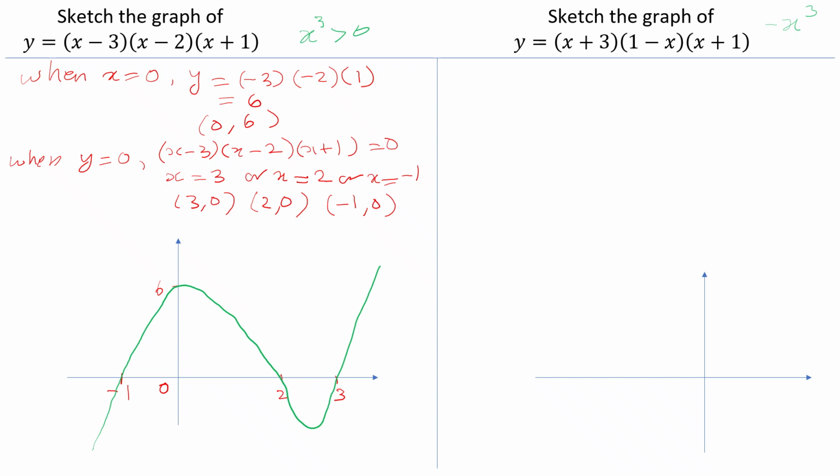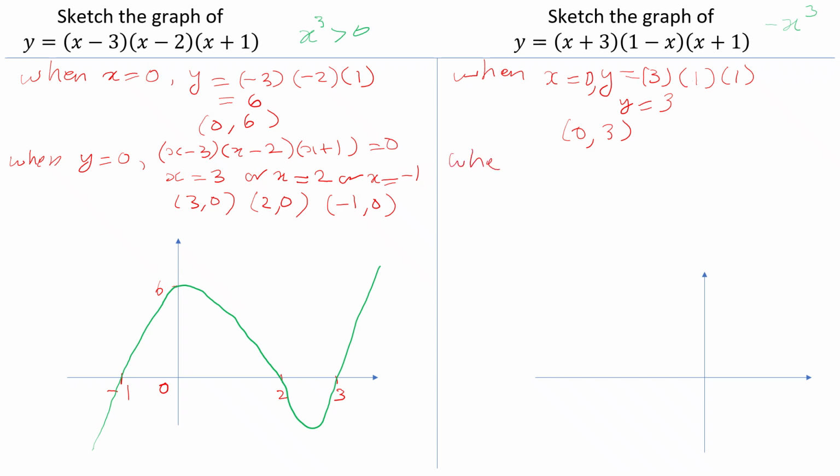So find when x equals 0, the y value. y equals 3 times 1 times 1. y equals 3. So the coordinate is (0, 3).